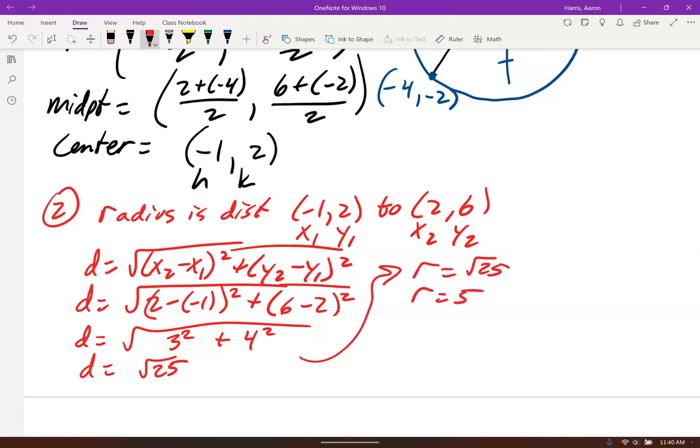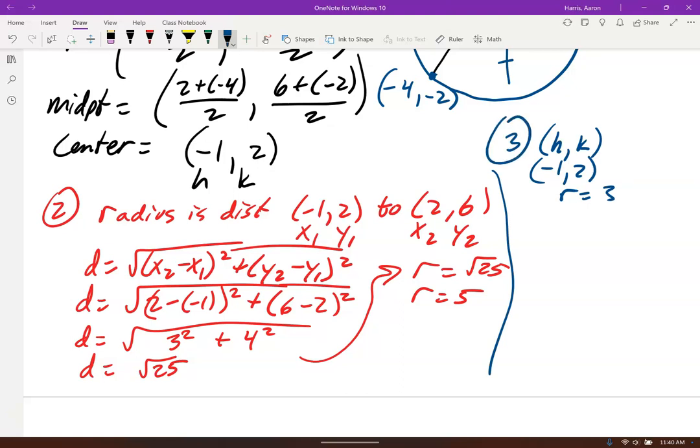So now I have everything. I have my center, h, k, -1, 2, and I have my radius, which is 3. So now, this is my last step. I've got to write the equation of the circle: x minus h squared plus y minus k squared equals r squared.